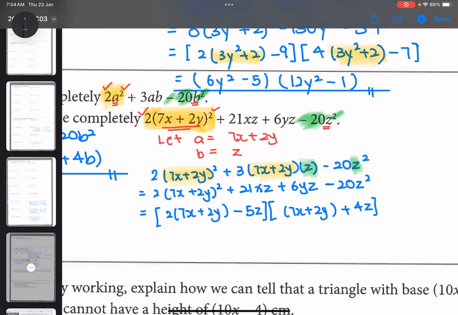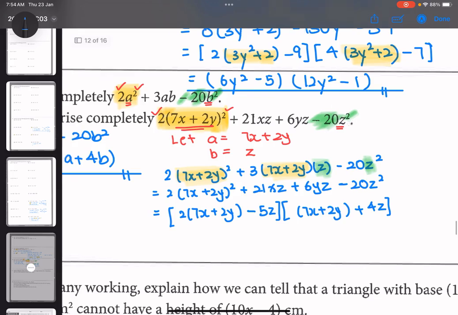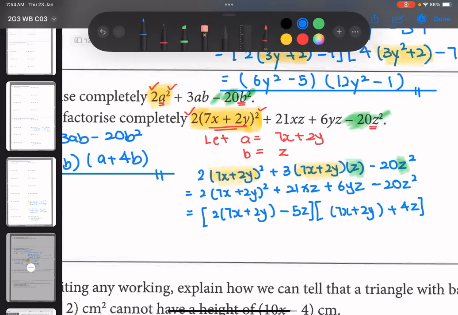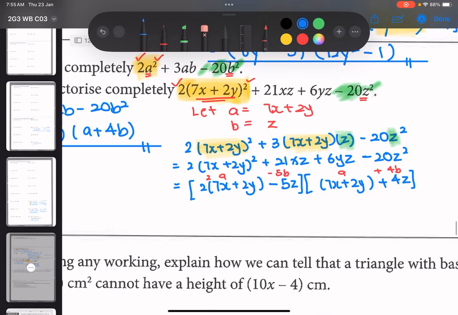My a and b are just doing replacement. Okay, let me just put that on top. This is my 2a minus 5b. This one is my a plus 4b. Okay? As I simplify, I change it to round brackets.